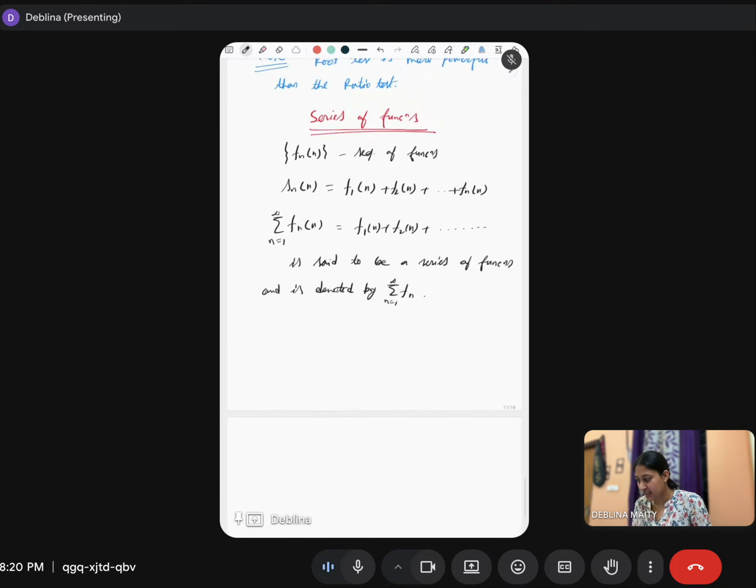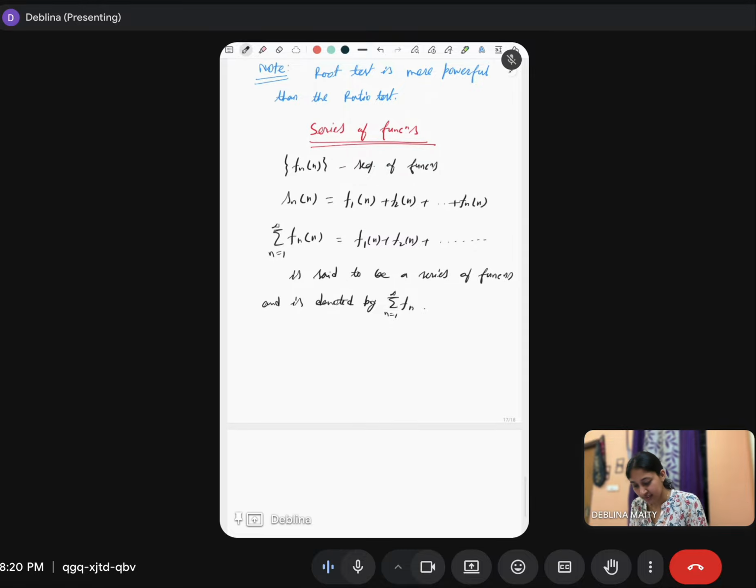The sequence of partial sums is s_n(x). Like in series of numbers, the sum of f_n is convergent if and only if the sequence s_n(x) is convergent, right?